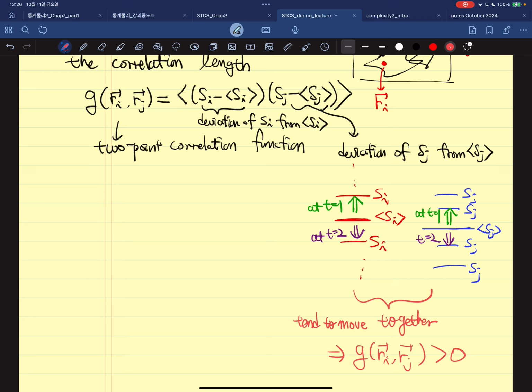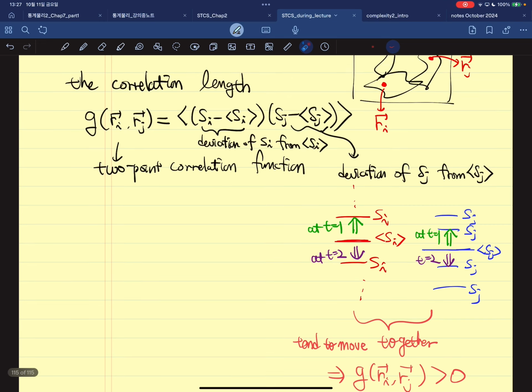Of course, the other way is also possible: if these two variables are anti-correlated, that means that if this Si variable goes up, there's a higher chance that this Sj variable goes down instead of up. And the uncorrelated case is represented by this being close to 0, which means that Sj does not care about the situation of Si at all. That's why we call this a correlation length.